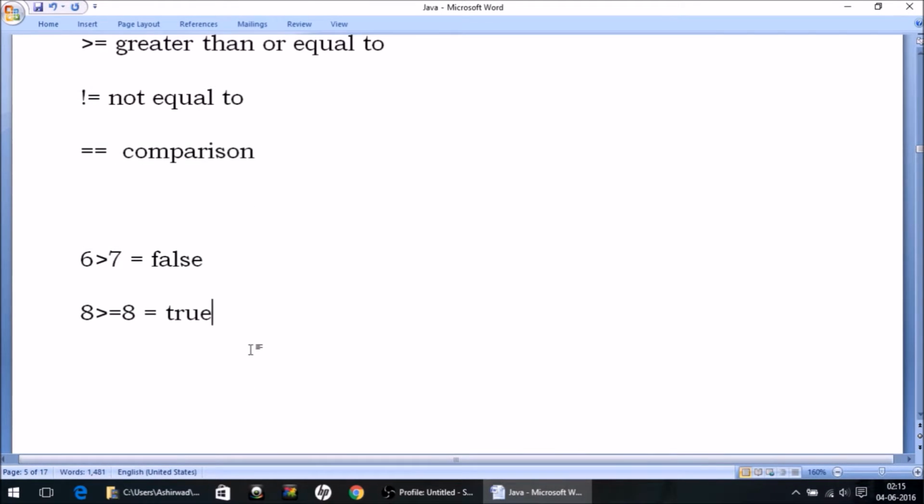We can use the not equal to operator. For example, if I write 4 not equal to 5, the answer is true, because yes, 4 is not equal to 5. And if you write 7 not equal to 7, the answer is false, because 7 is equal to 7.